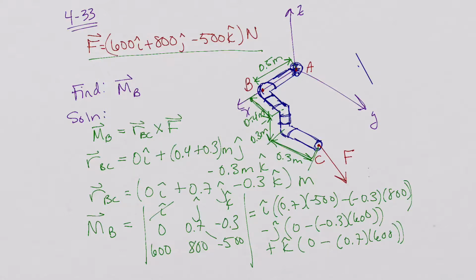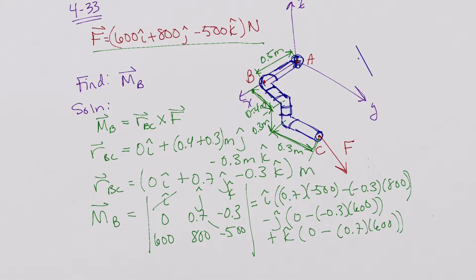And so we can multiply that out. We get M_B equals, on my calculator, 0.7 times negative 500, and then the two negatives cross out, so that's plus 0.3 times 800.